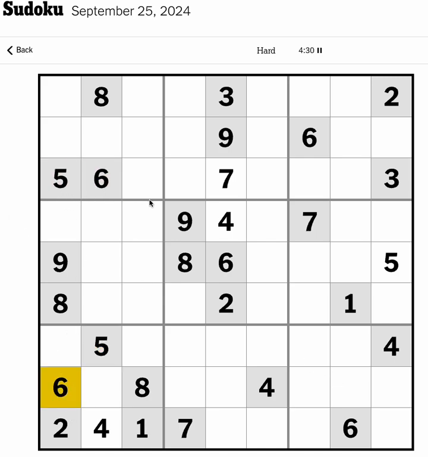So, looking at box 4, this cell cannot use 5 or 6 because they are here. These 3 cells cannot use 5 or 6 because they are here. And this cell cannot use 5 or 6. So again, these 2 cells are the only cells where I can put 5 or 6.